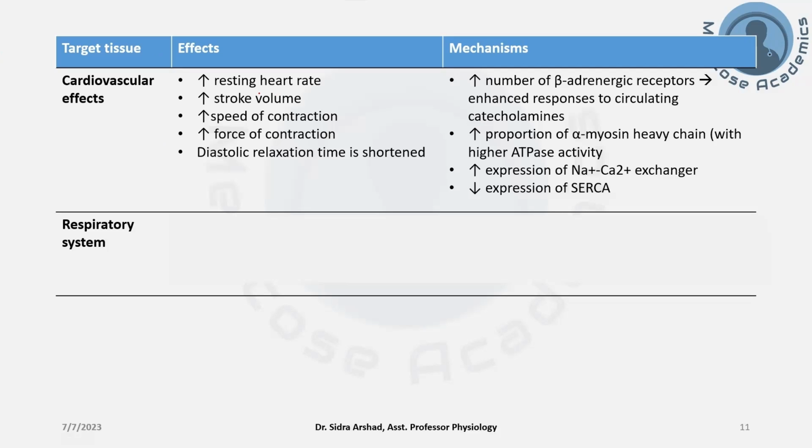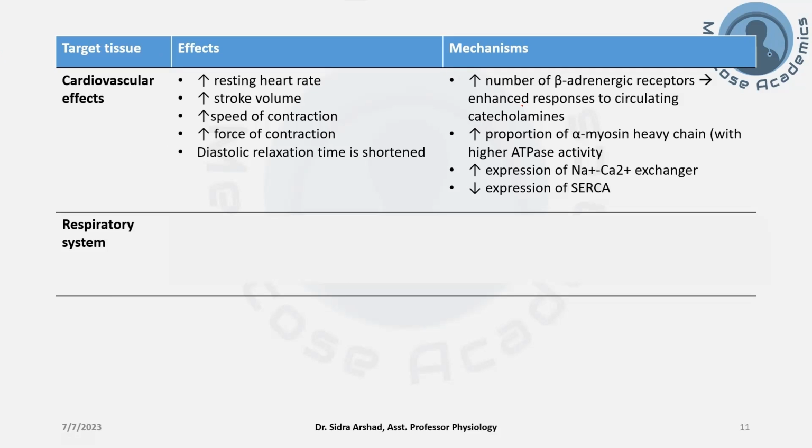And these effects are mediated by direct and indirect actions of the thyroid hormones. Directly, the thyroid hormones have a permissive action towards the actions of catecholamines. What does that mean? That catecholamines exert their effects only in the presence of thyroid hormones.